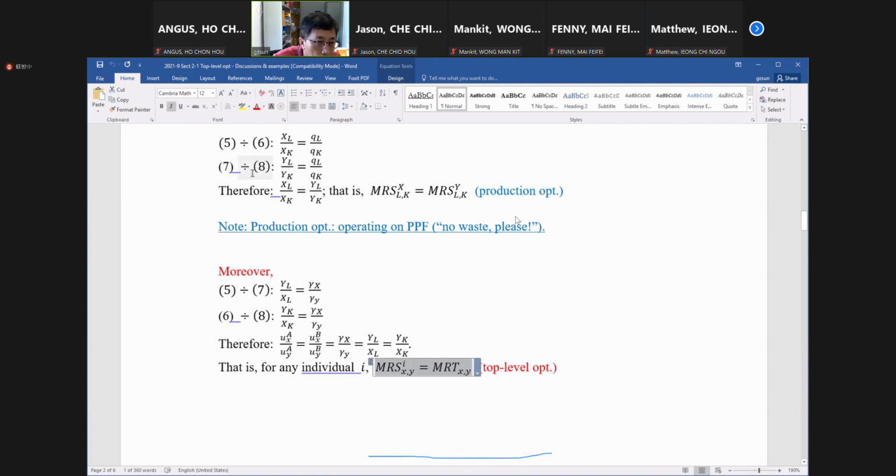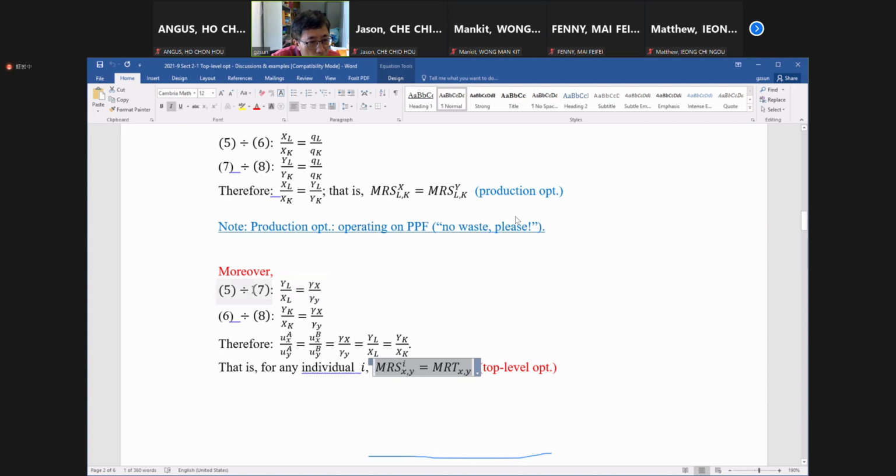You just play around with the eight first order equations. Sometimes you combine these two equations, which are all about X. Sometimes you have to put together different products X and Y. In doing so, you can get something important, that is how to produce more Y by producing less X.